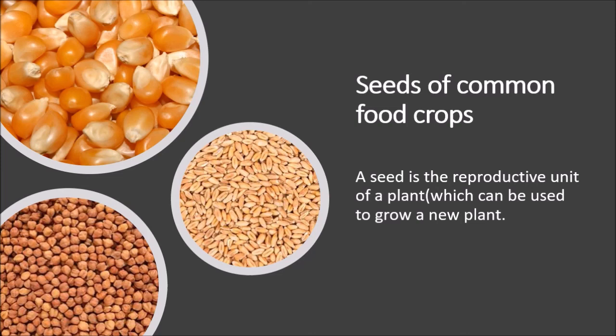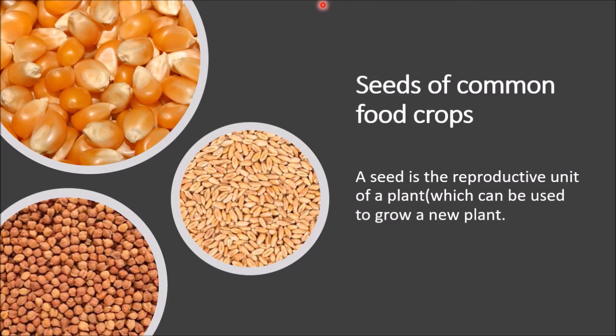Grains like corn, peas, wheat, beans, etc. What are all these? They are actually seeds. The baby plant present inside a seed is in an inactive stage. Okay? This inactive stage is known as the dormant state.